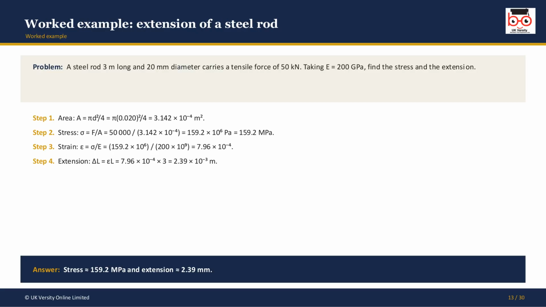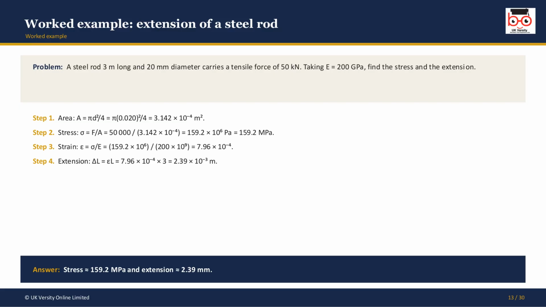Let's tackle a fuller example. A steel rod 3 meters long and 20 millimeters in diameter carries a tensile force of 50 kilonewtons. And with E of 200 gigapascals, we want the stress and the extension. First, the area, pi d squared over 4, with d of 0.020 meters, gives about 3.142 times 10 to the minus 4 square meters.